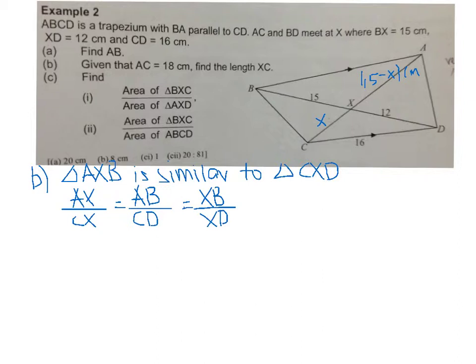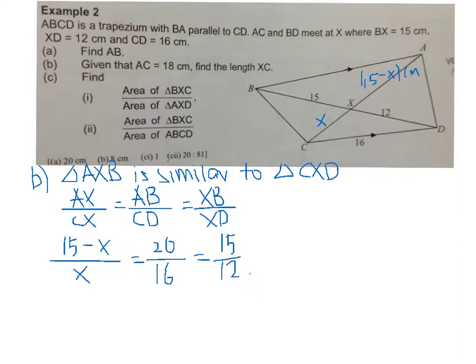Since these two triangles are similar, the ratio of the sides will be similar as well. So we fill it in, 15 minus X over X equals AB, 20 divided by 16, which we found just now, equals XB, which is 15 divided by 12.